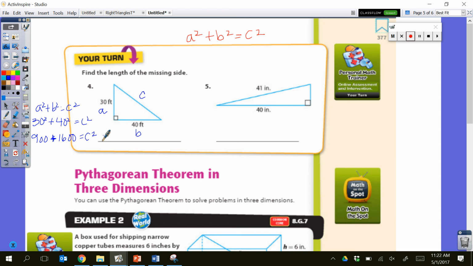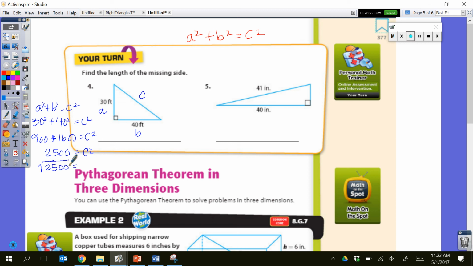So we need to solve for C, so we're going to combine these two. So we've got 1600 plus 900, and we get 2500. So this is just like an example you had on that note sheet that I gave you guys earlier. Equals C squared. Okay, and to solve, we need to find the square root of 2500.